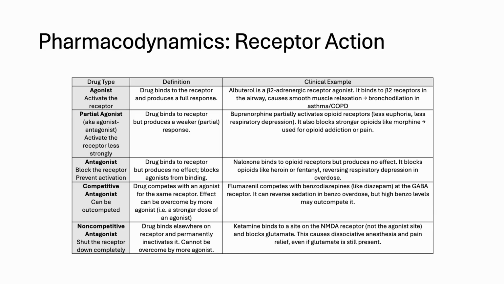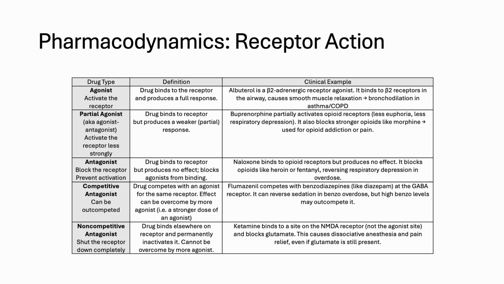Epinephrine and adrenaline are the same thing. So when you say beta-2 adrenergic receptor agonist, you are saying that you're binding to the same receptor that epinephrine binds to. So it has the same effect as epinephrine. What does epinephrine do? It dilates your bronchioles, causes bronchodilation.